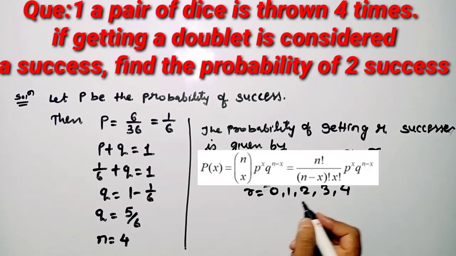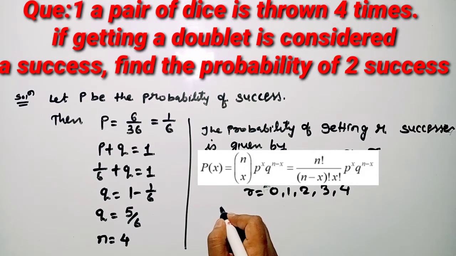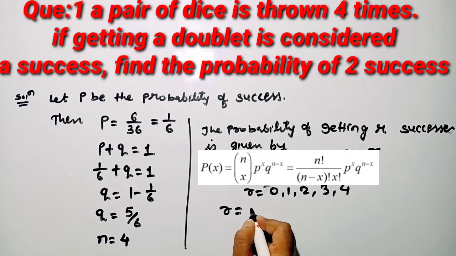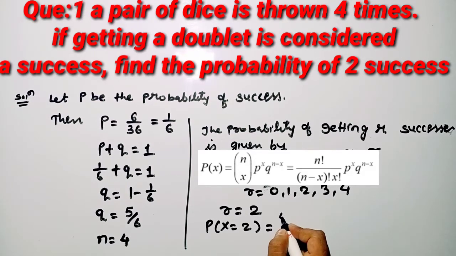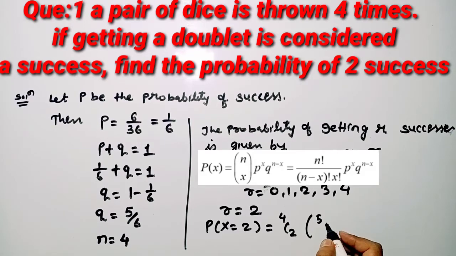Now we will substitute the values of n. In place of R we can write x also, right? So P of x is equal to 4C2. Here R means, students, 2, right?